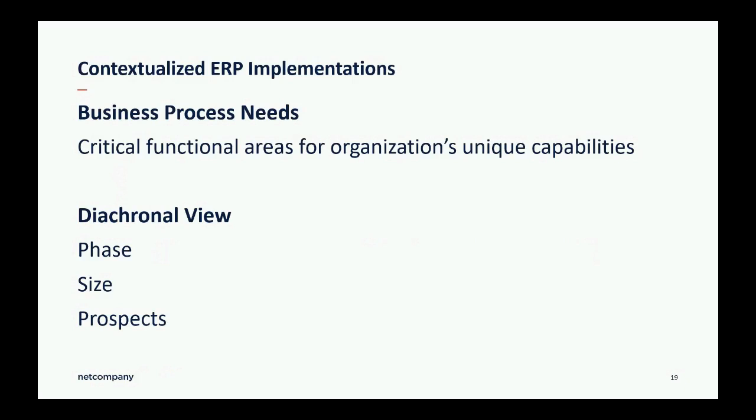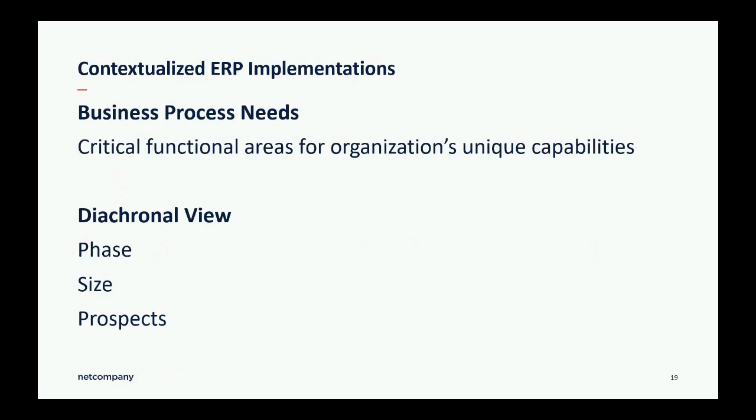And then you also have what I would call the diagonal view. And really what that means is just a fancy word for saying across time. It matters what phase the organization is in, what size it is, and what prospects it has for the future.